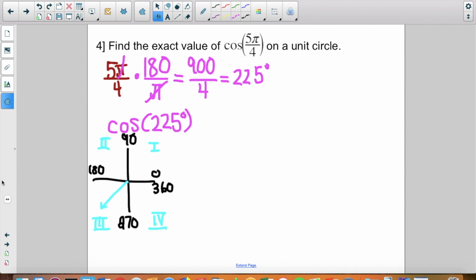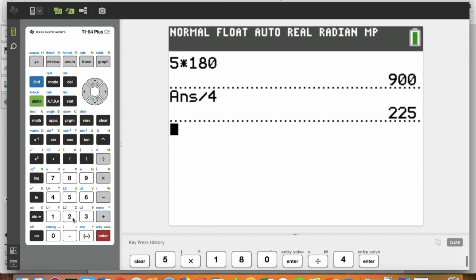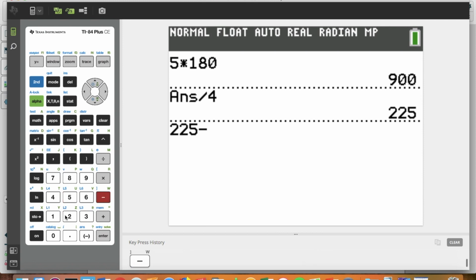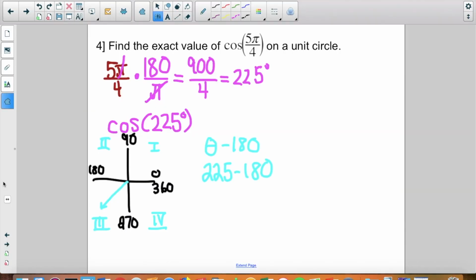Since it's in the third quadrant, to find the reference angle, we have to do theta minus 180. Our theta is 225, so we do 225 minus 180. You can go to your calculator. 225 minus 180 gives us 45.